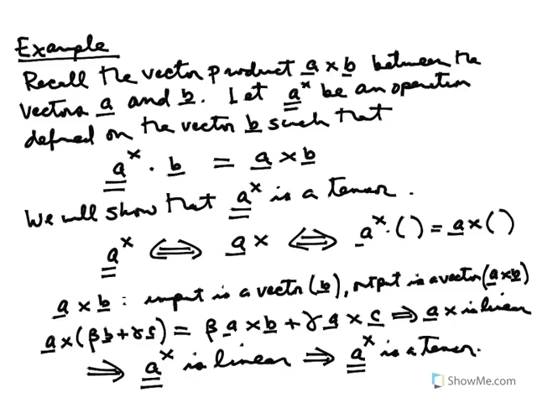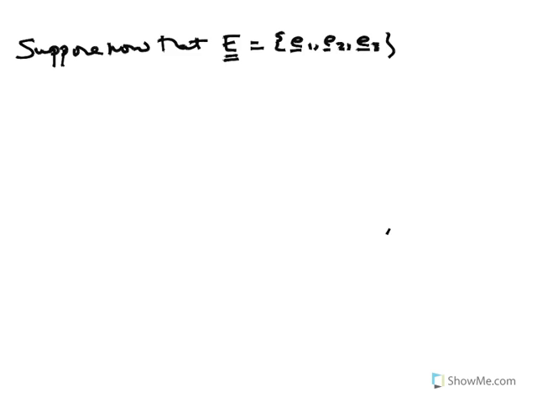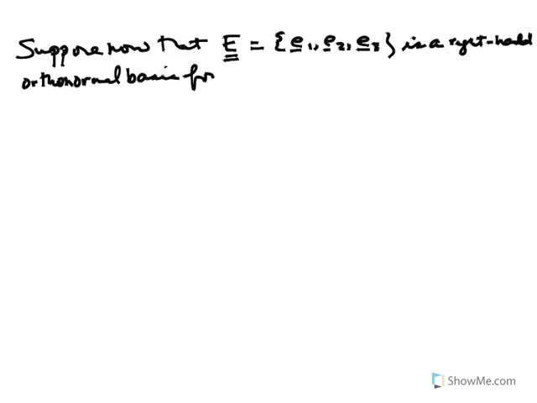So now we're going to look at what this tensor looks like in a basis, okay? So suppose now that E, which is equal to E1, E2, E3, is a right-handed orthonormal basis for three-dimensional Euclidean space.